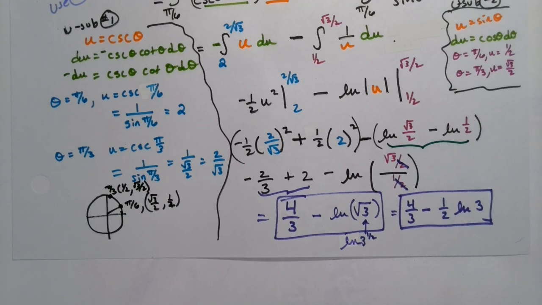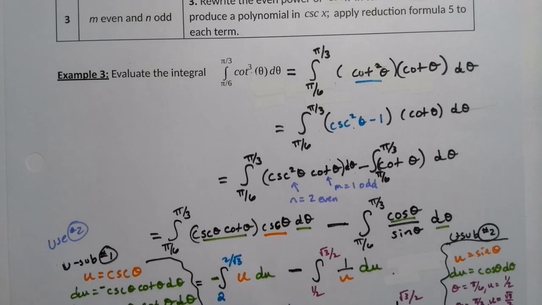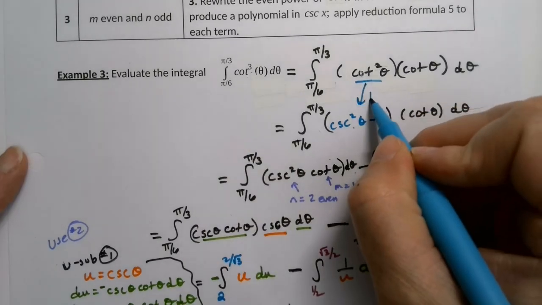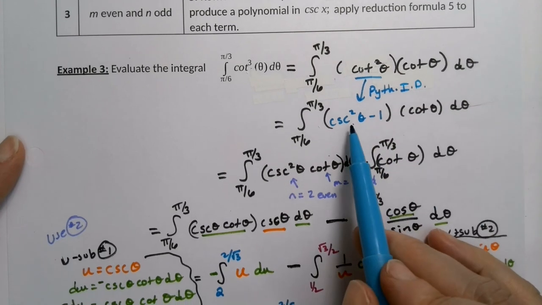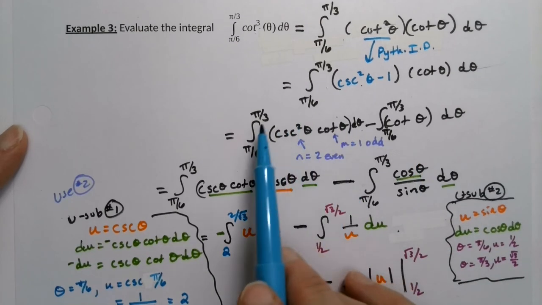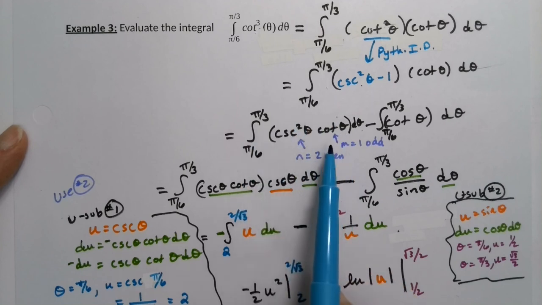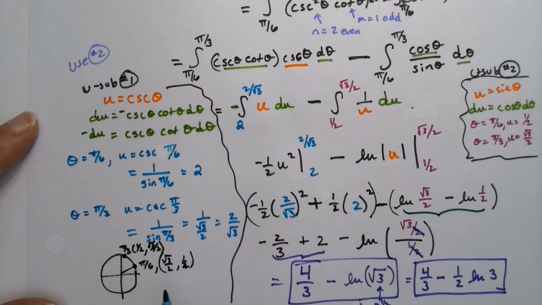Tricky, very tricky. All right, so let's back up. We used the Pythagorean identity. Oh, I forgot to label it. Right here, that was the Pythagorean identity to bring in a cosecant squared minus 1. Then we split it up into 2. The techniques on the top of the page applied to this one on the left, which meant we had to do this whole u substitution, which is over here.